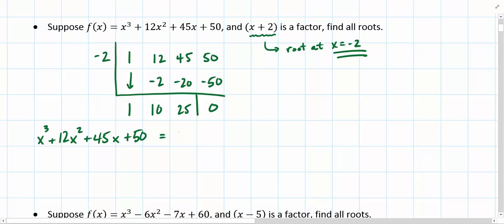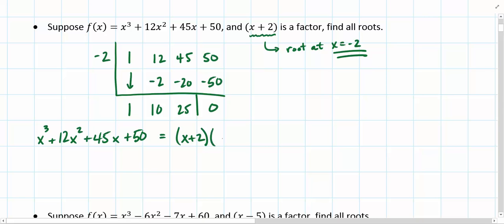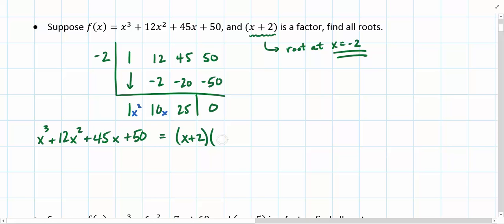And what we now know is that when we factor out an x plus 2 evenly from the problem, what we're left with is this 1x squared plus 10x plus 25. So really I have the product of these two polynomials, x plus 2 times x squared plus 10x plus 25. That's where this came from.